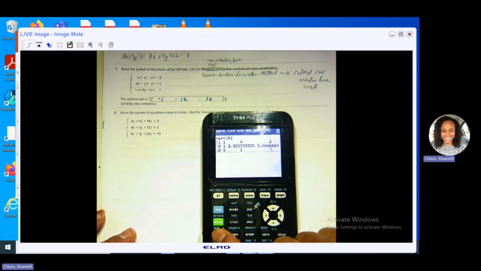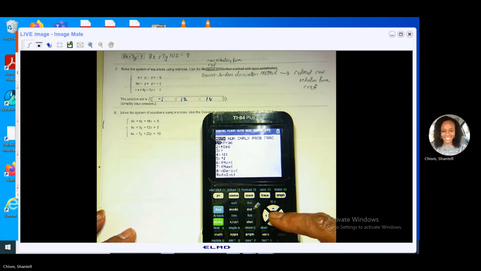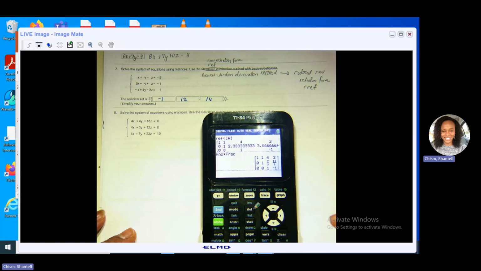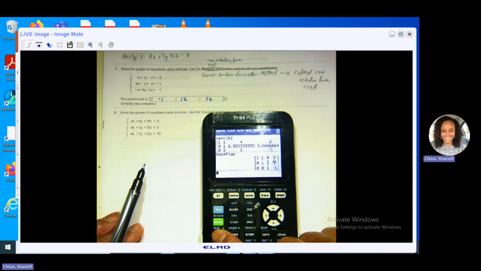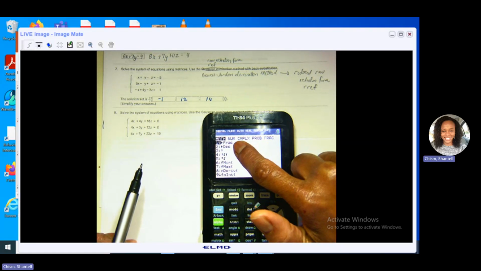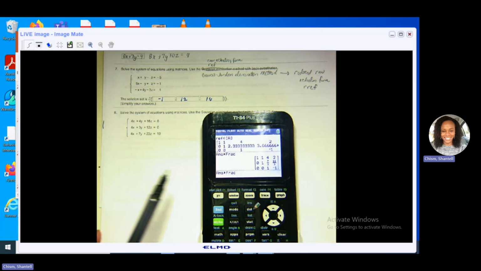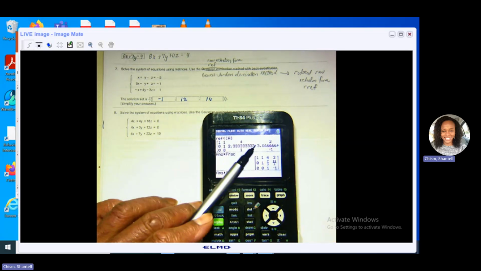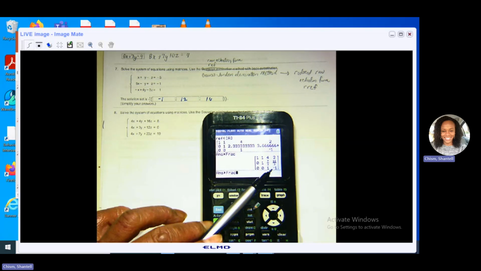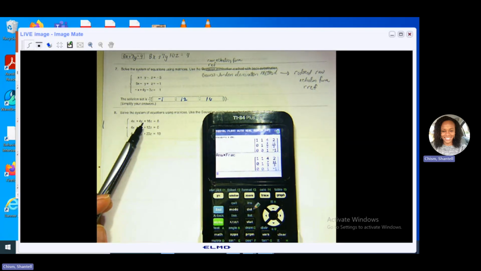So let's press math and do that again. I think I went through it a little fast. We press math, and then Frac. What it did was it took the previous answer, that matrix, and put the values in fraction form instead of decimals.